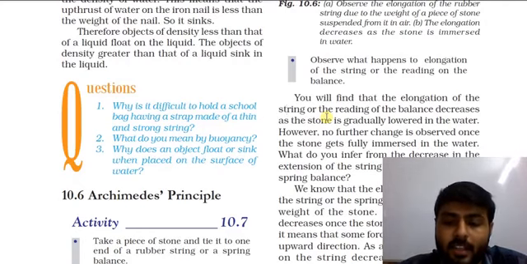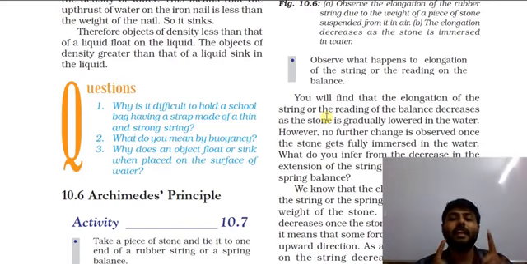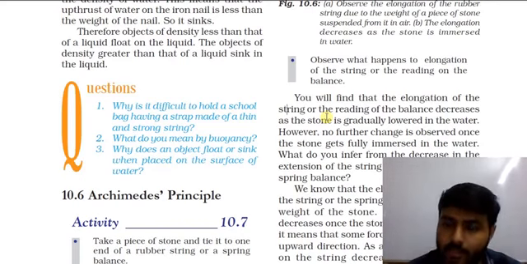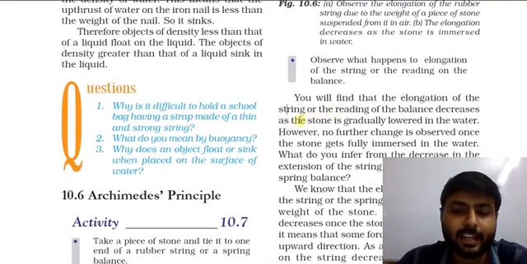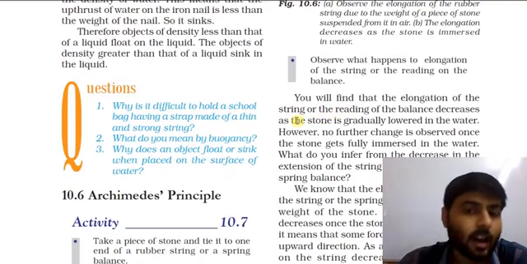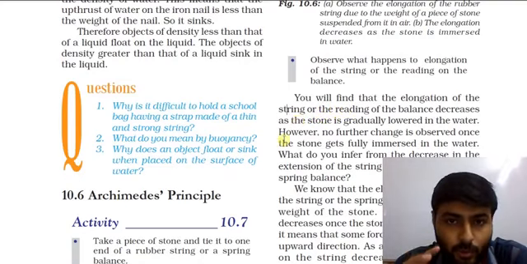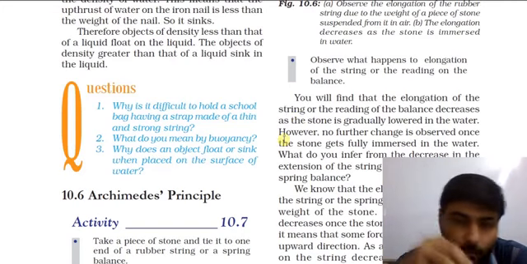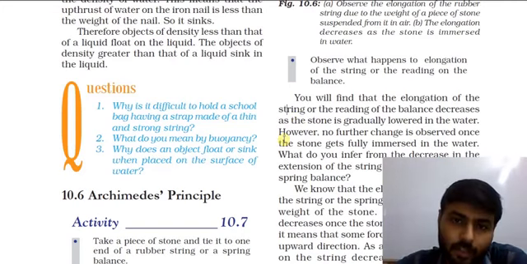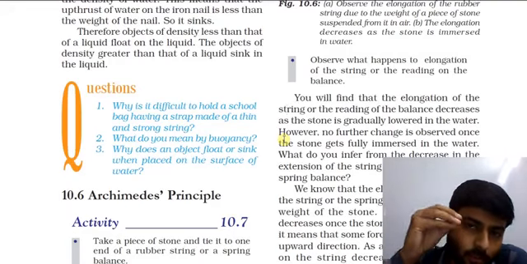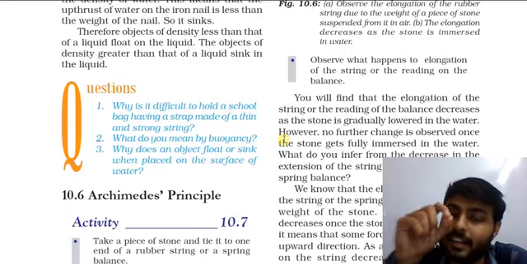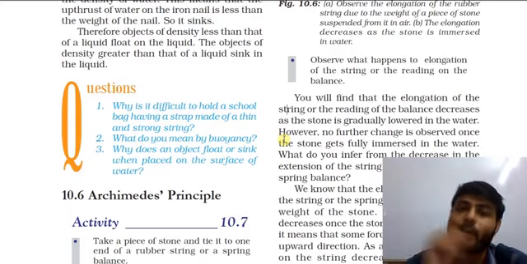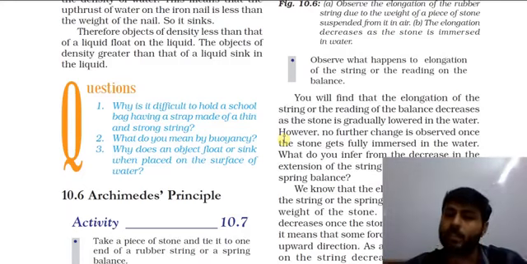However, no further change is observed once the stone is fully immersed in water. We have to note this point. We can find a decrease in reading until the stone is fully immersed into water. Once the stone is fully immersed, there will be no decrease in the reading of the spring balance and no decrease in the length of the string also.